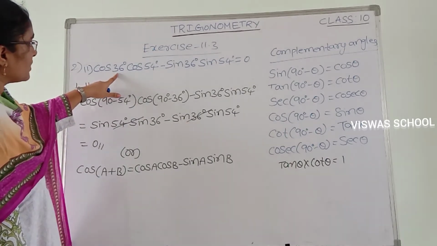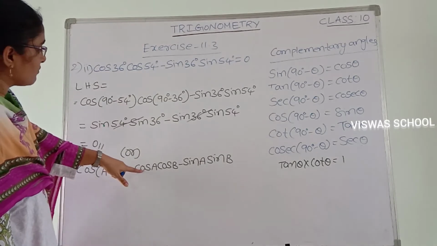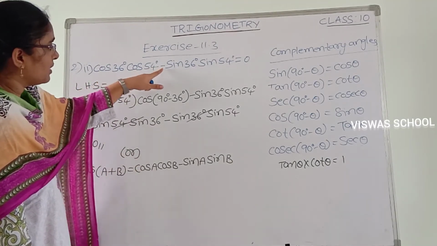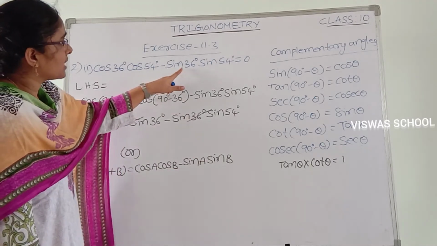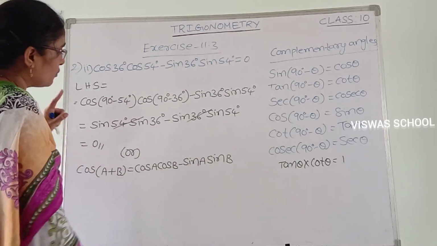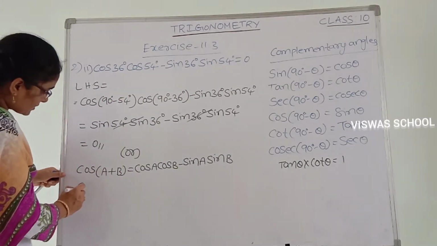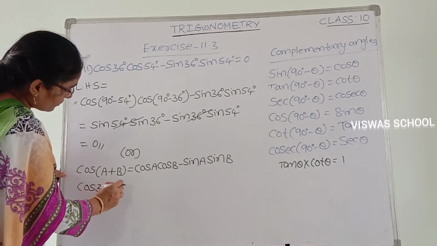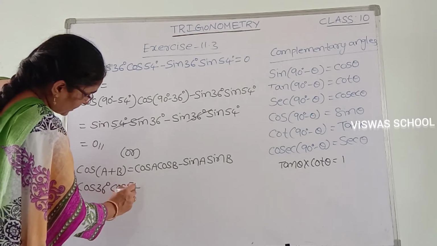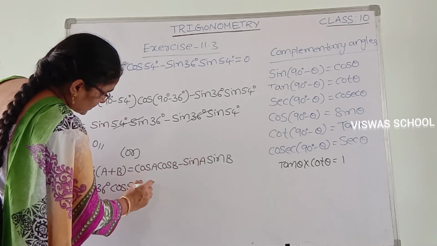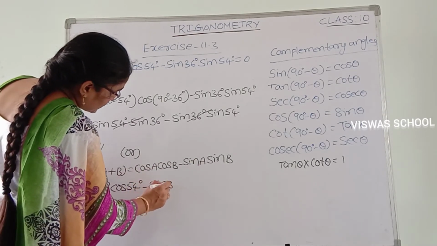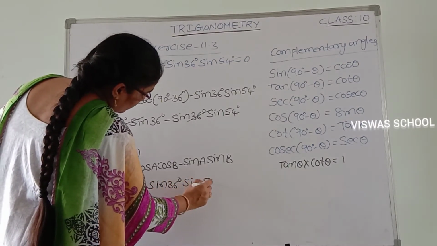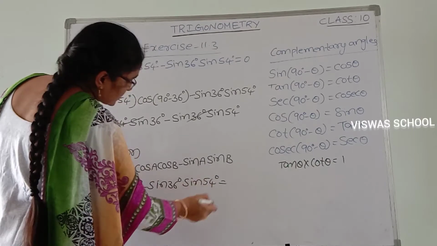In the A and B places, this is in the form of cos 36 cos 54, that is cos A cos B, minus sin A sin B, that is sin 36 and sin 54. That is cos 36 degrees and cos 54 degrees, minus sin A sin B form, that is sin 36 degrees into sin 54 degrees. That is how you write this.